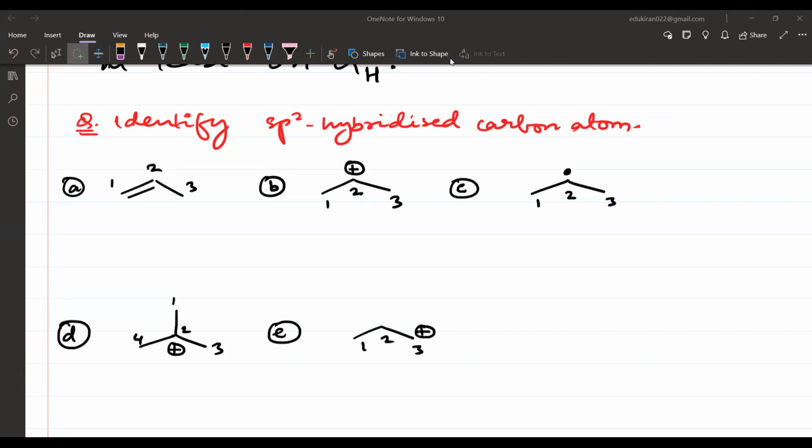स्टेरिक नंबर क्या होना चाहिए sp2 के लिए बताइए? स्टेरिक नंबर याद है आप लोग को? Three. हाँ sp2 के लिए 3 होना चाहिए, राइट?